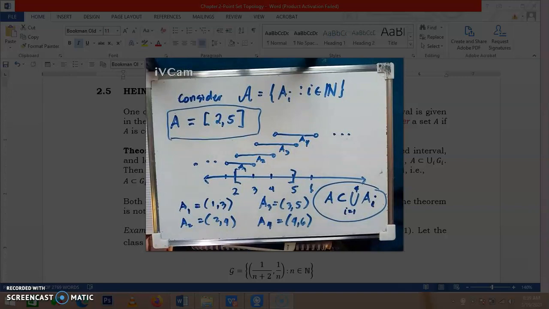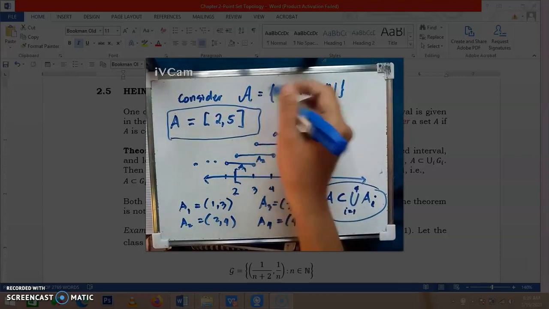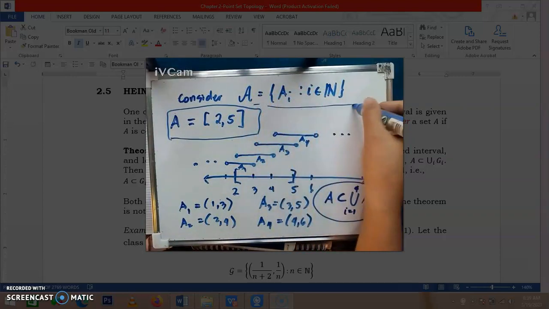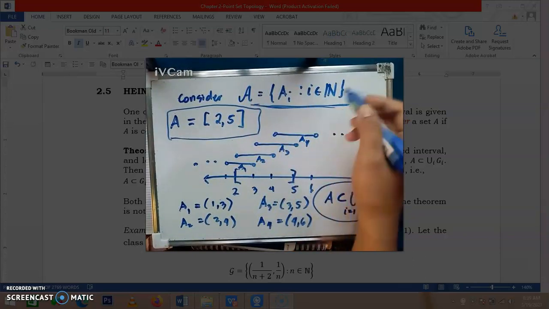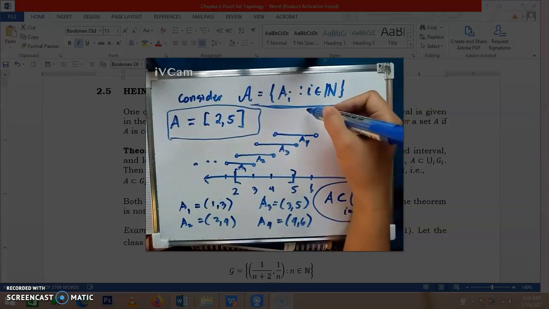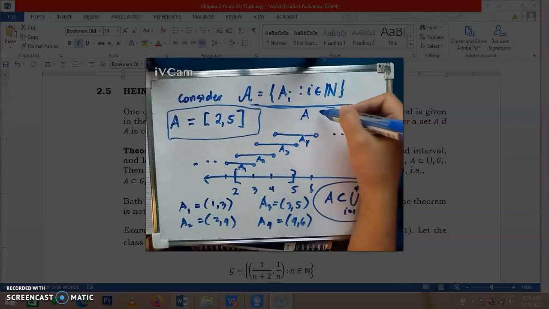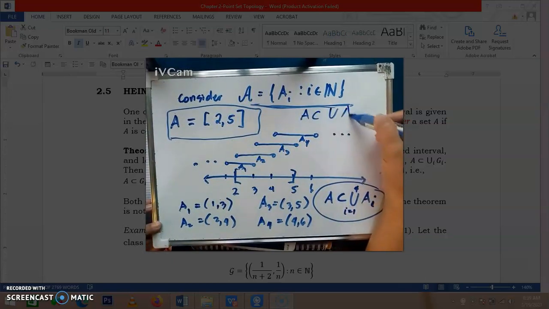then the class of sets, rather, of open intervals here. This is, say for example, the class of sets of open intervals wherein A is contained in the union of A sub i, where i is from 1 to infinity.